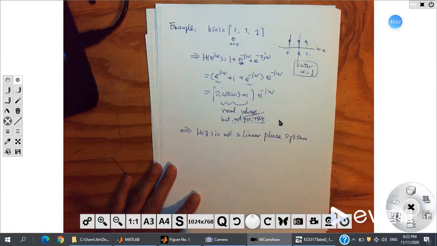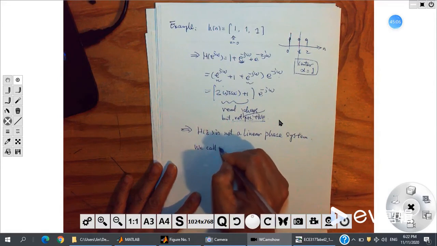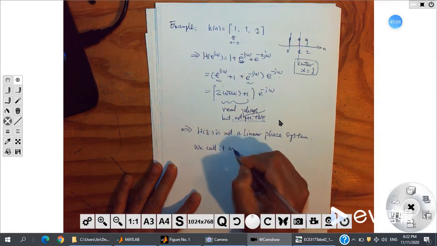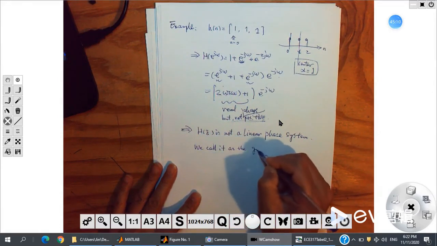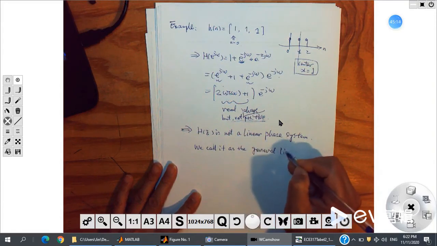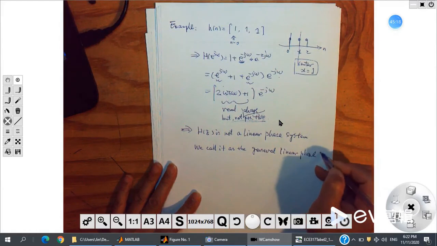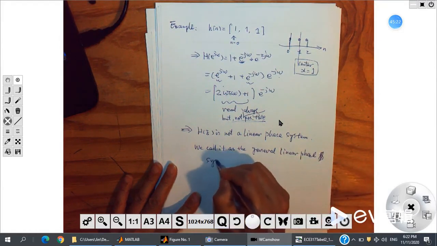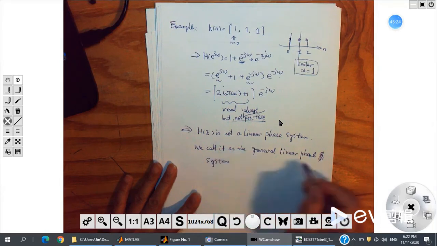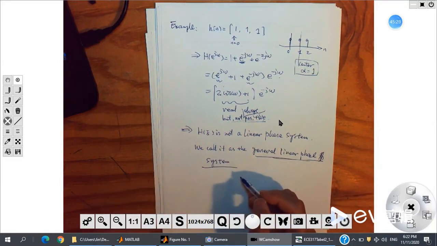But we have a name for it. We call it the general linear phase system. Yes, a general linear phase, not exactly linear phase, but generalized.